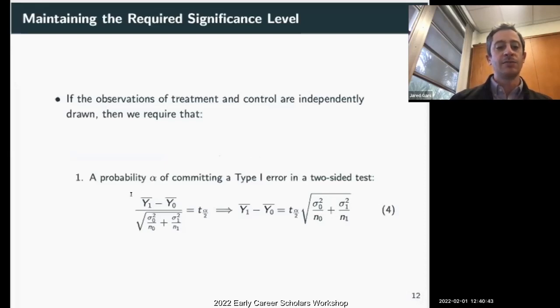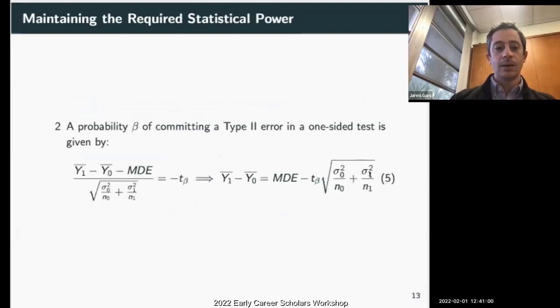So this is just the mean of the treatment minus the mean of the control over the root of the variance over the number of observations, and that's going to give us our test statistic. And then similarly, the probability of committing a type 2 error is provided below.